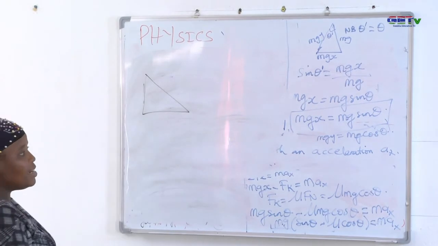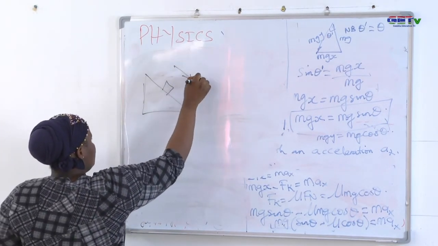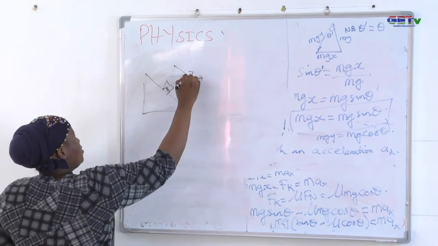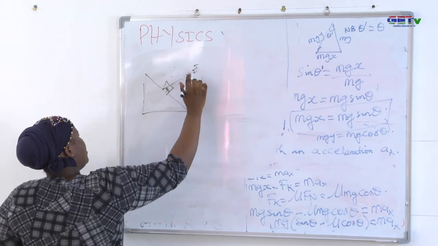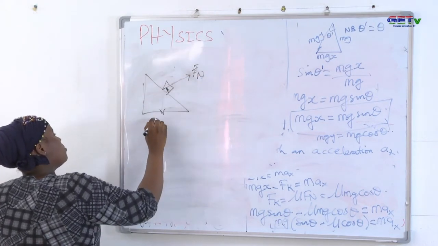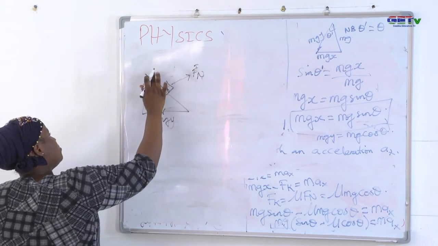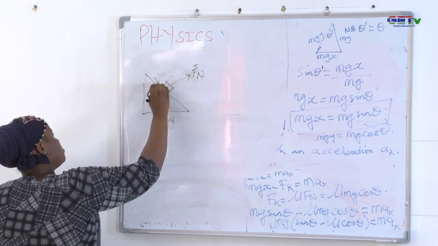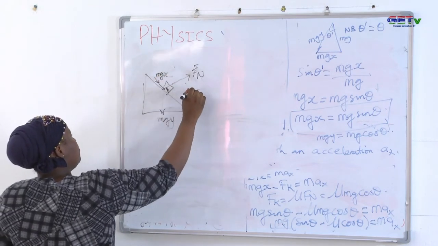The block slides down, so that's the direction of acceleration. That's the mass. You have Fn acting, mg of y, this is mg of x, and that's the direction of acceleration.